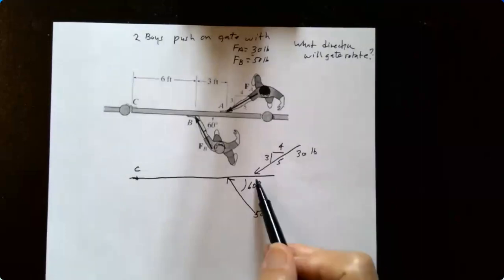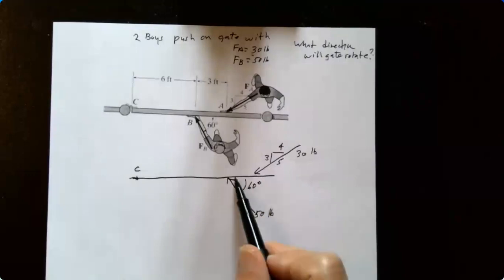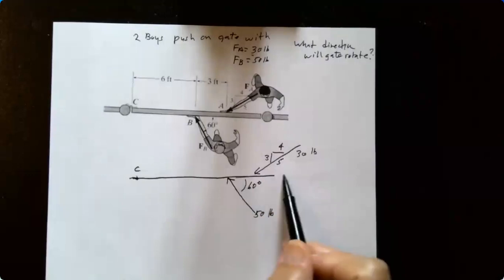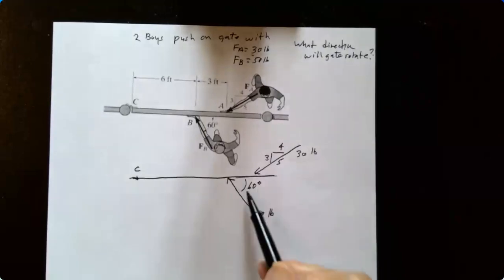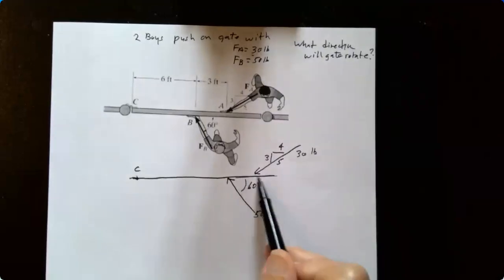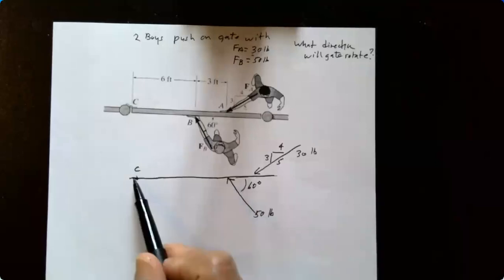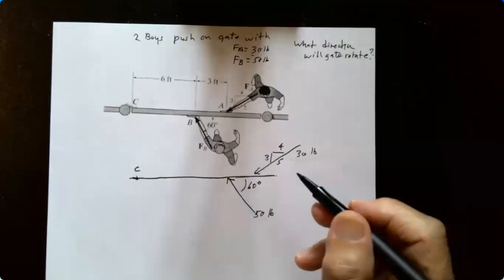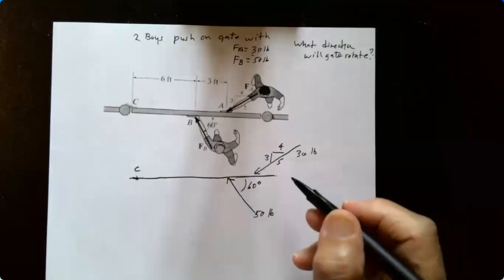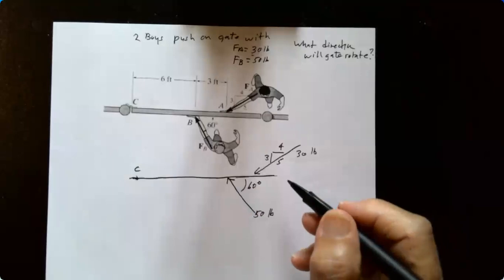We know the x components. This would be the x component for the 30-pound force, the x component for the 50-pound force will pass through C. There's no moment created by the x component, so it's just the y component that we're looking for.